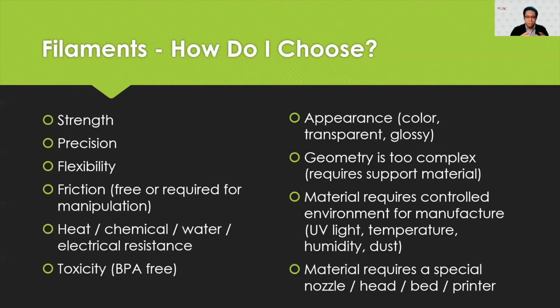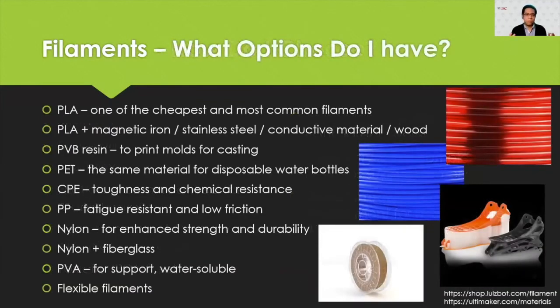Other more aesthetic things like the color or if it's transparent, those will be the kind of things that we need to take into account to define what material we're going to be using. So this will restrict some of our choices because different materials provide different properties.